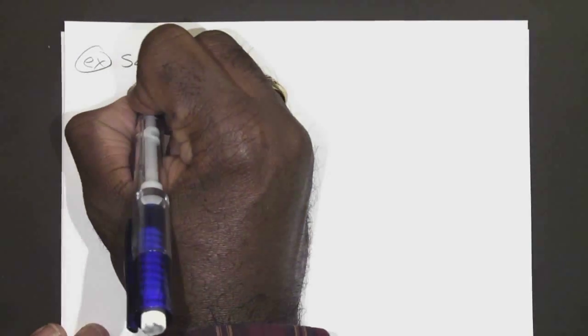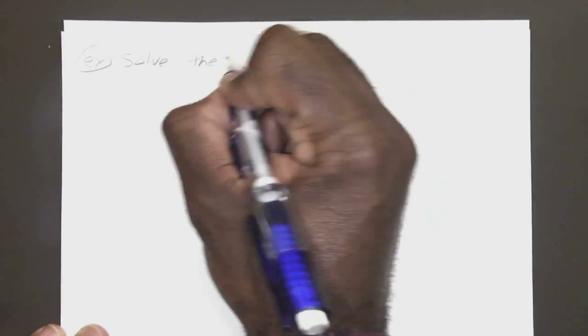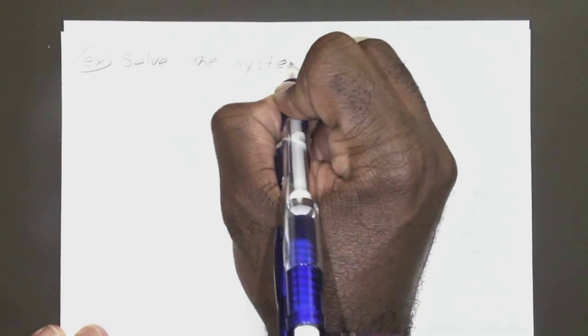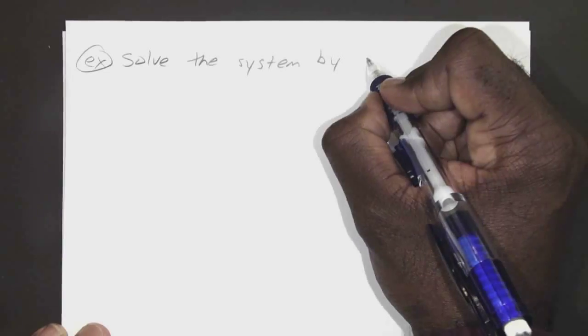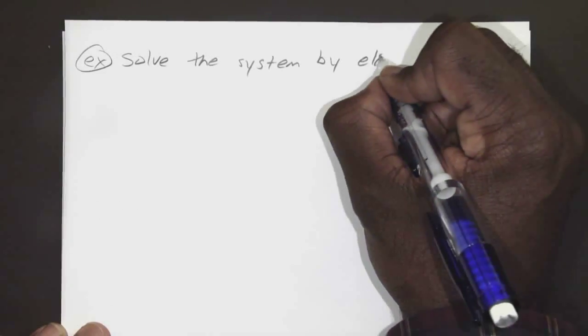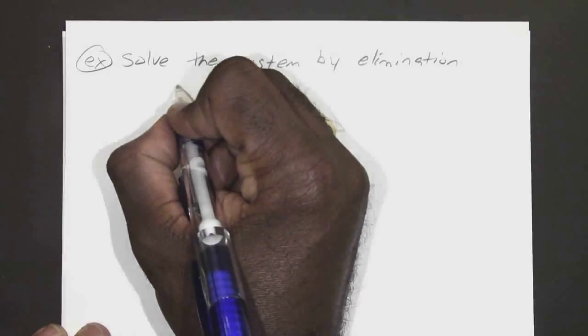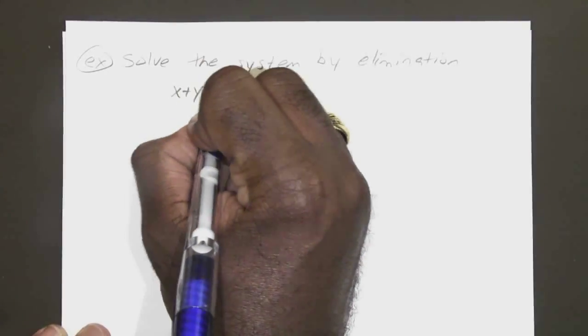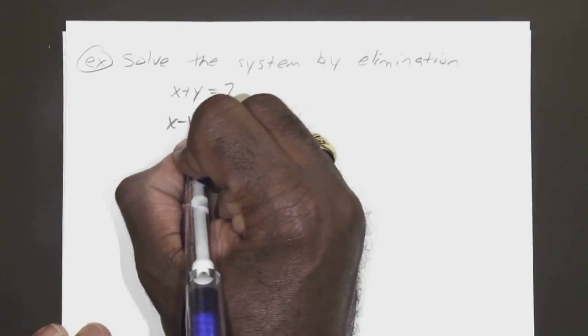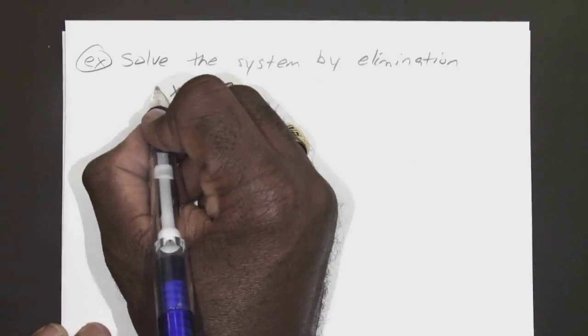All right, so let's say, for example, you want to solve the system by elimination. If you have x plus y equals 7 and x minus y equals 5.